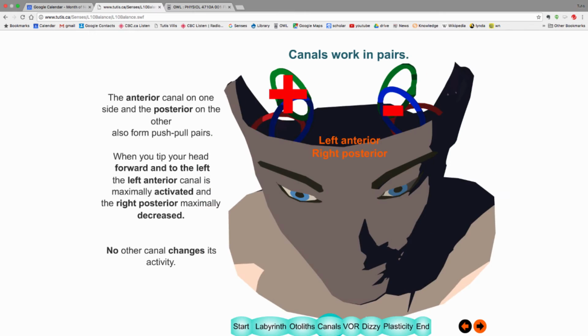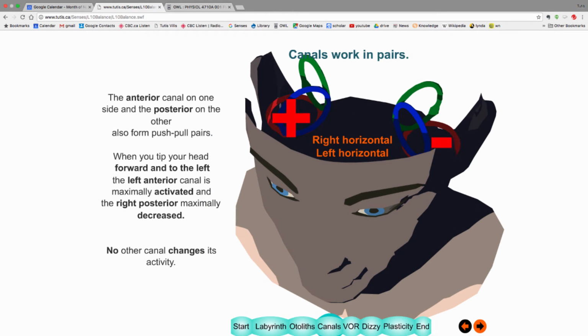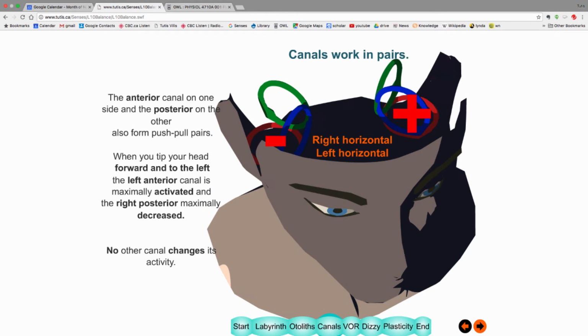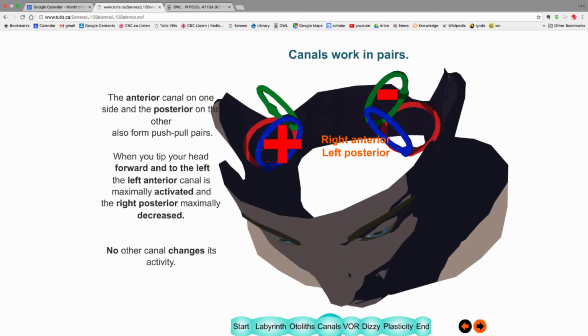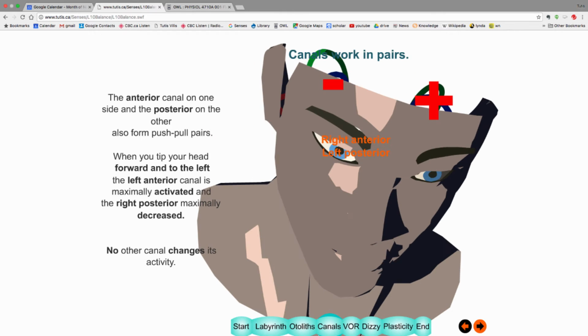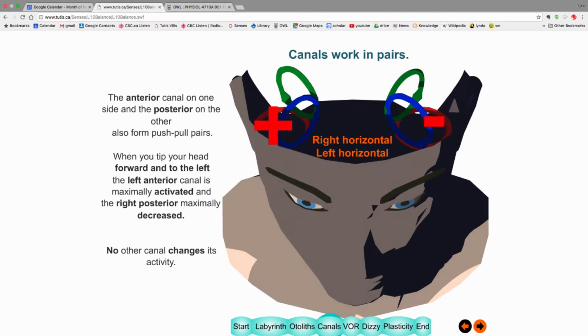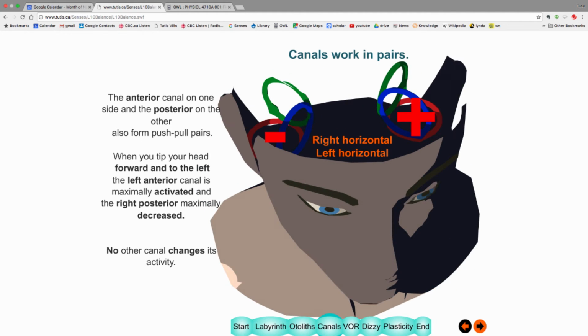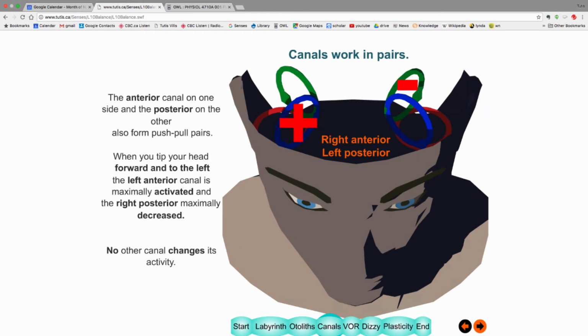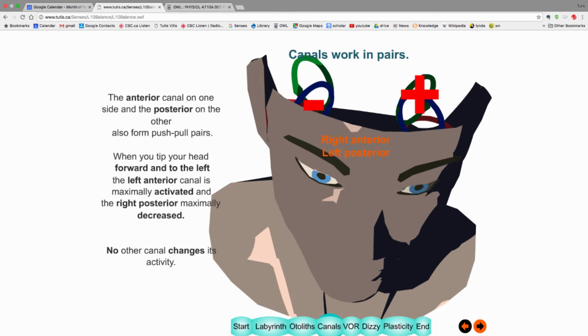Now, the other thing to note is that it's only the canals that are in the plane of the head movement that get activated, with the biggest activity. The other canals are silent.